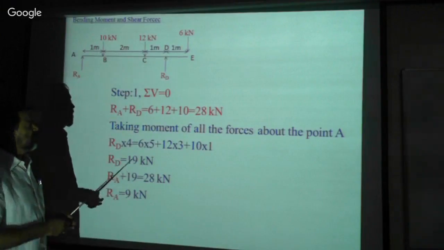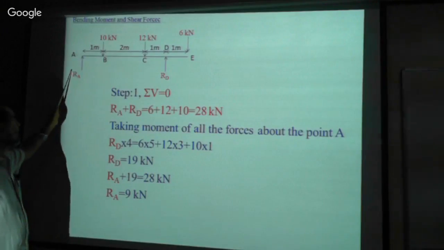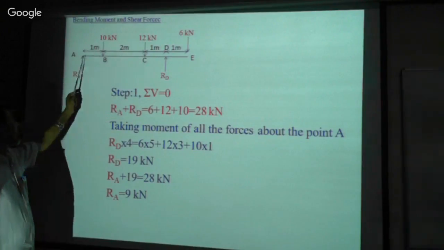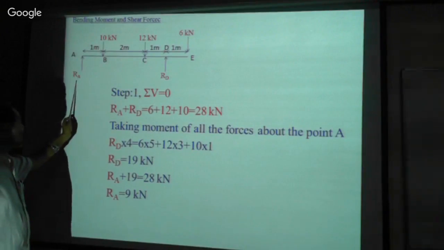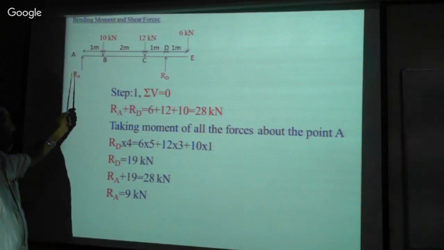kilonewton. Now, let us calculate the force resisted by the reactions, the entire load that is shared by this reaction and this reaction. Now we have to calculate that. Now we are calling this the reaction.